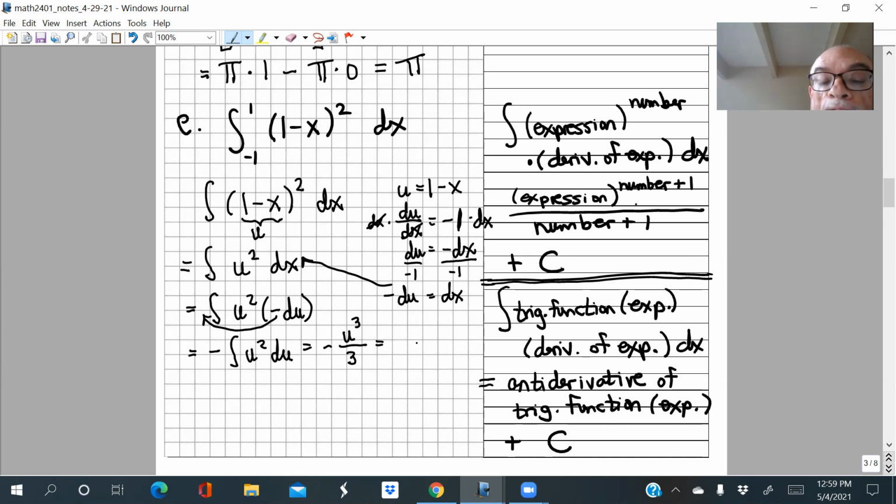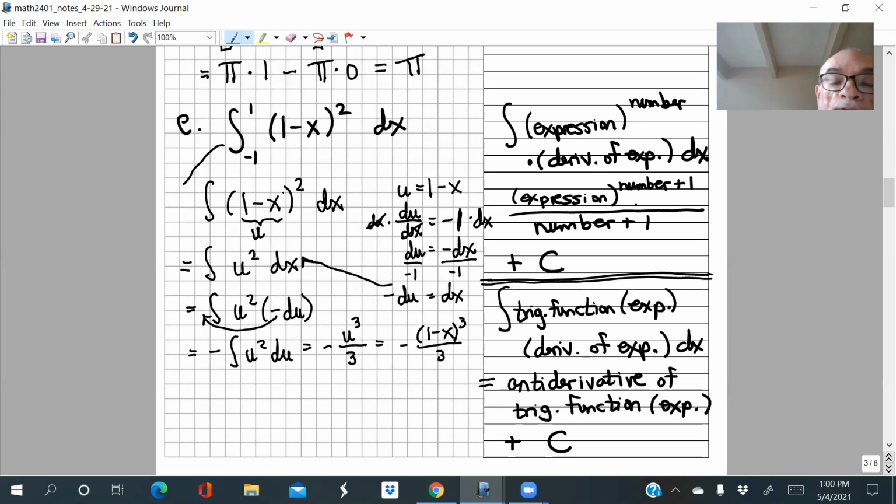That was 1 minus x. So you end up here with 1 minus x cubed over 3, and then the minus sign is there. Don't forget, you don't need the constant here. So that is the antiderivative we're going to use to evaluate this definite integral.